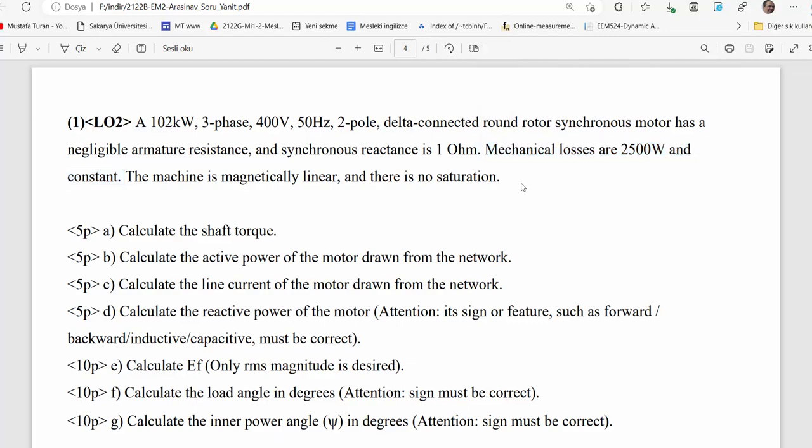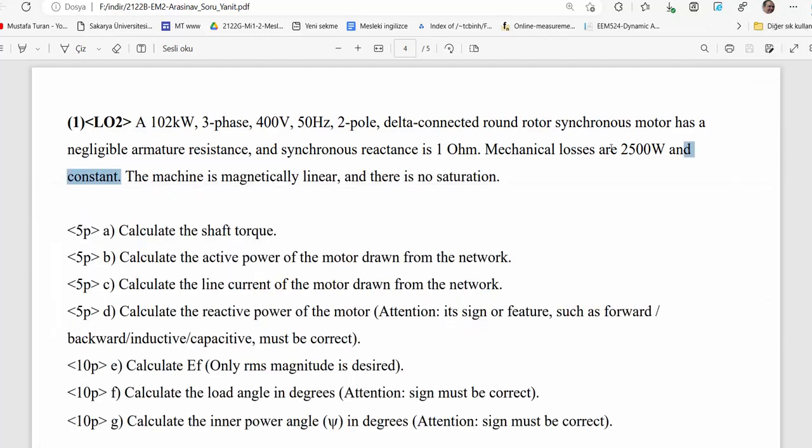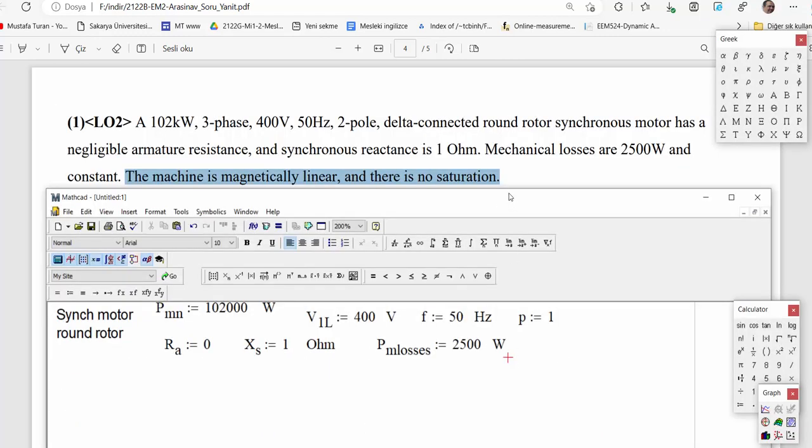Since the machine is operated at synchronous speed, which is constant, there is no change in mechanical losses. It is assumed constant. The machine is magnetically linear and there is no saturation. That is extra information. Otherwise, there must be some curves given related to saturation or showing the non-linear relation between the parameters.